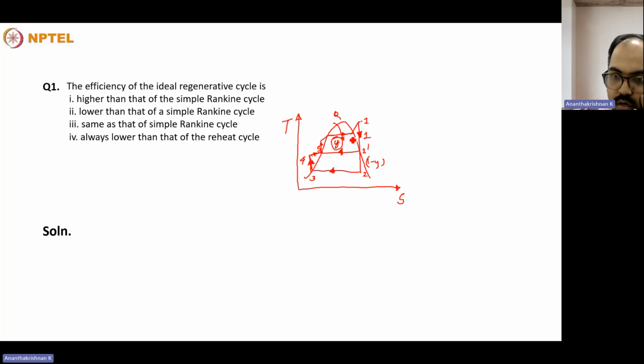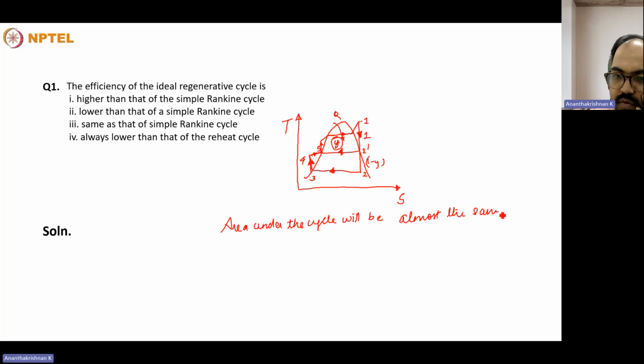if you look into the total efficiency of the cycle, what we could see is that the total area under the cycle will be almost the same.